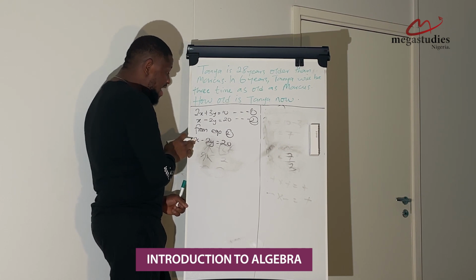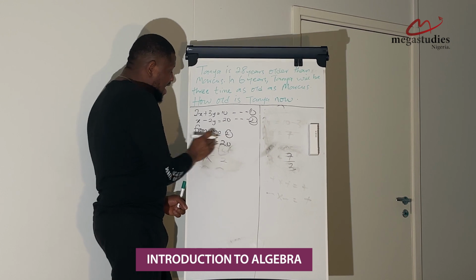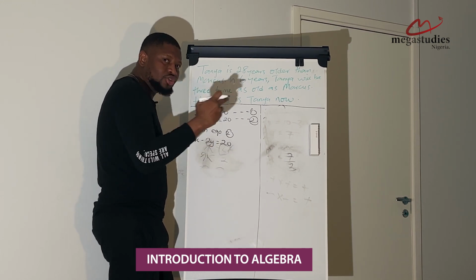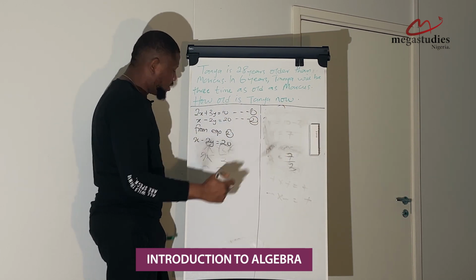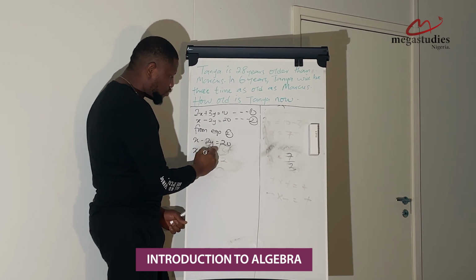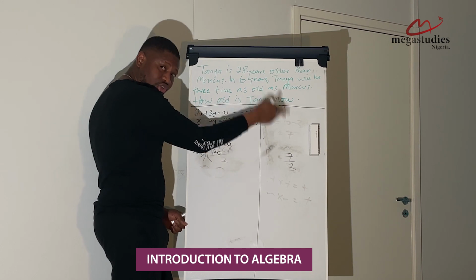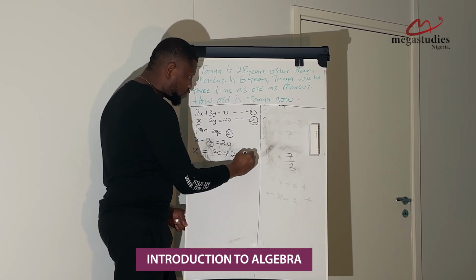Of course, 20 and 2y are not the same, but we just want to make x stand on its own, to create equation 3, which is necessary. It will be x equals 20 plus 2y, because it's minus 2y, and crossing over, it will be plus 2y.